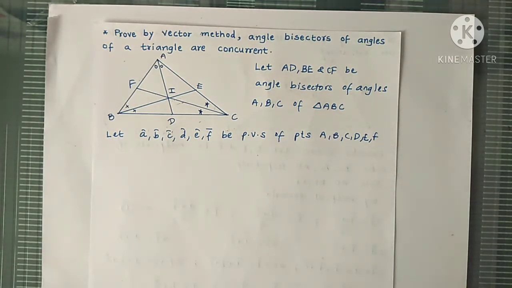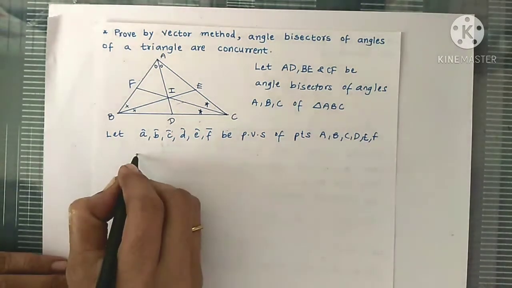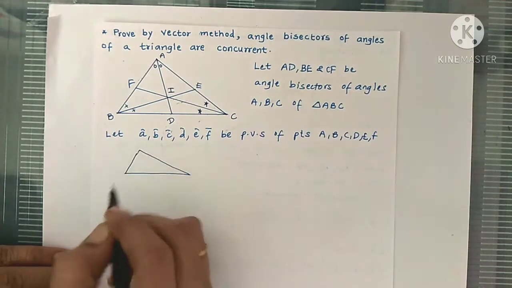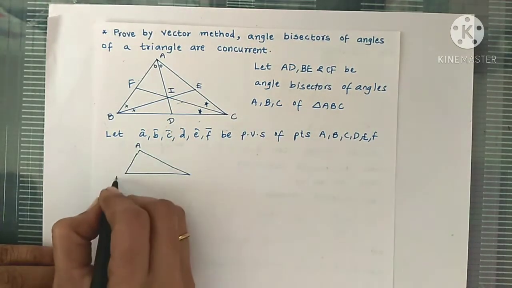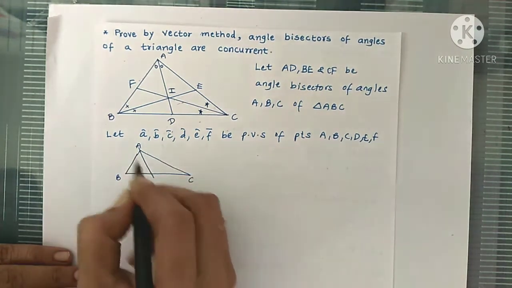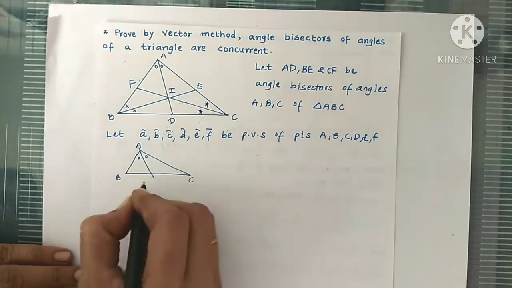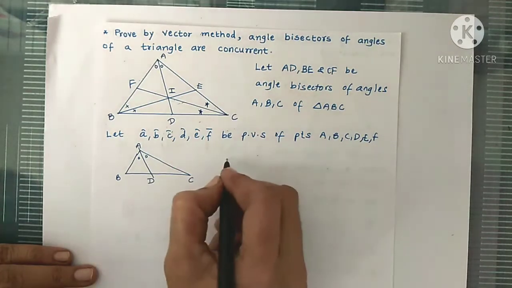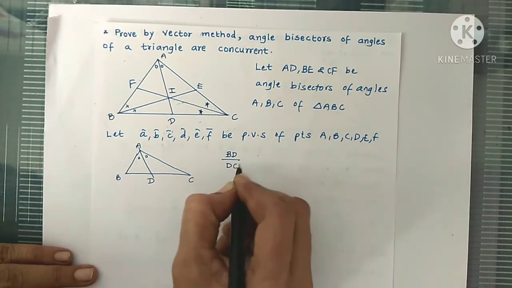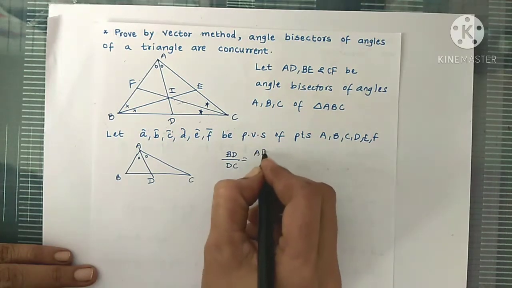For that we need the angle bisector theorem. So what was that angle bisector theorem? We learned it in school geometry. For example, if we consider this triangle ABC and this AD is the angle bisector, then BD upon DC equals AB upon AC.